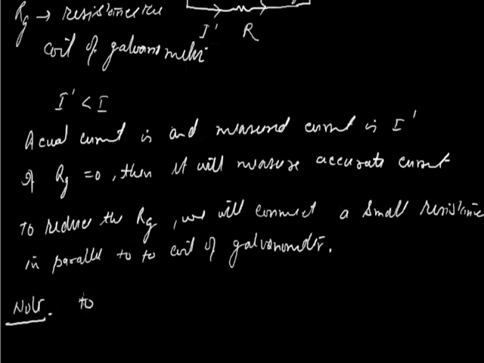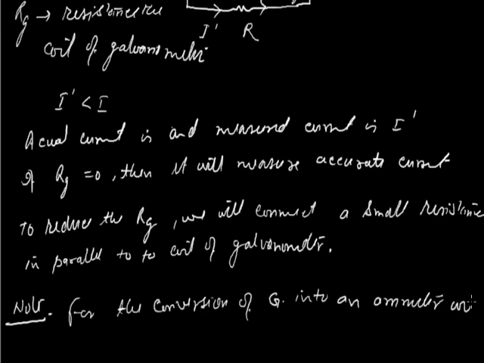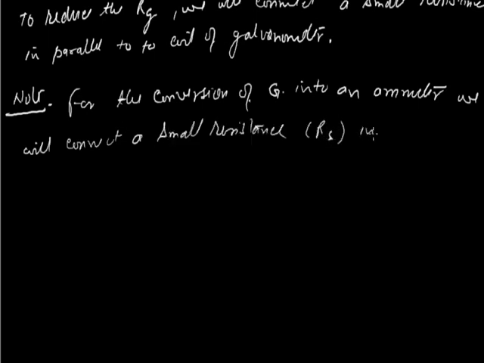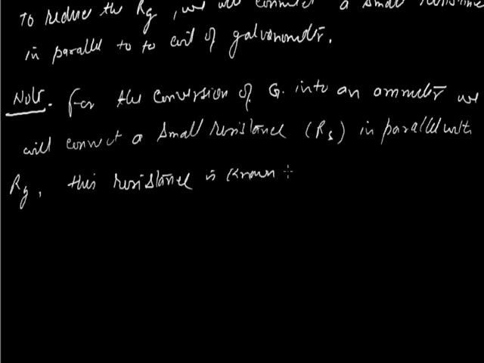For the conversion of galvanometer into ammeter, we will connect a small resistance, that's Rs, in parallel with Rg. This resistance is known as shunt resistance.